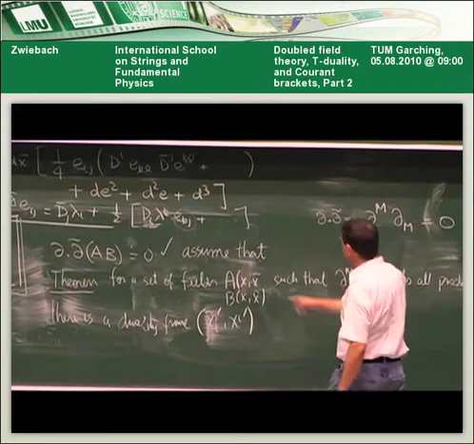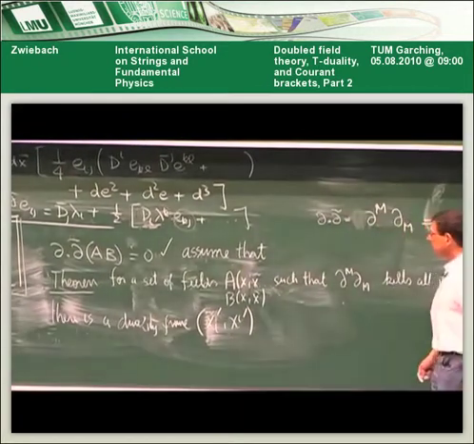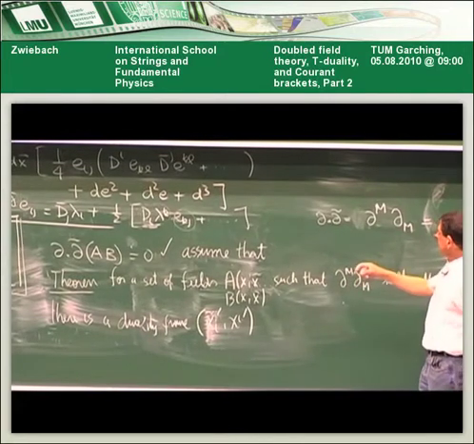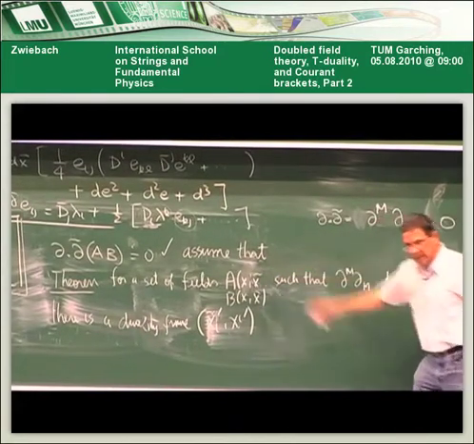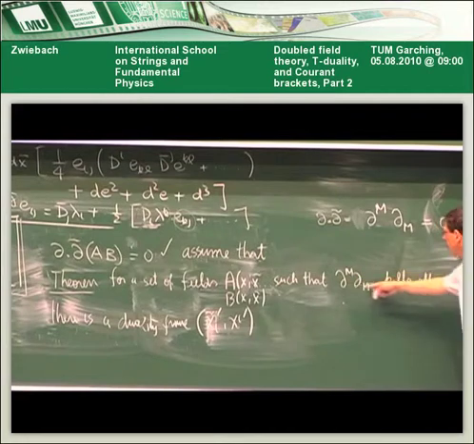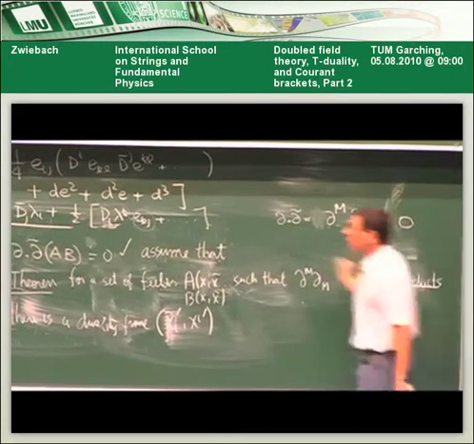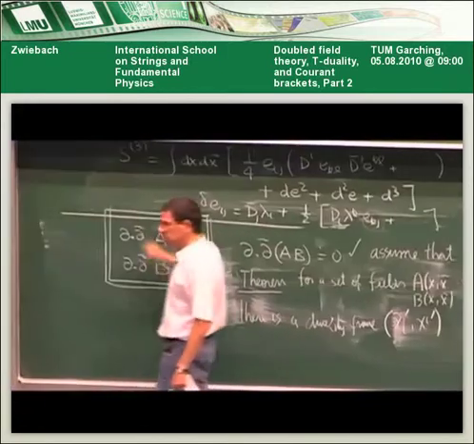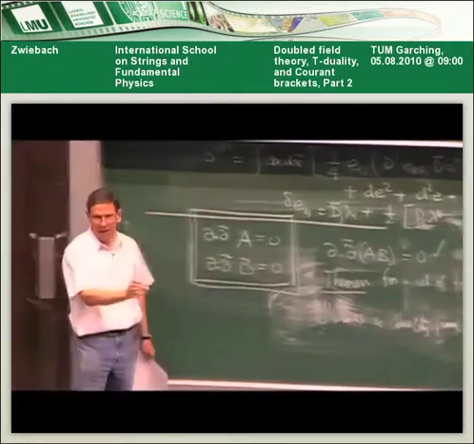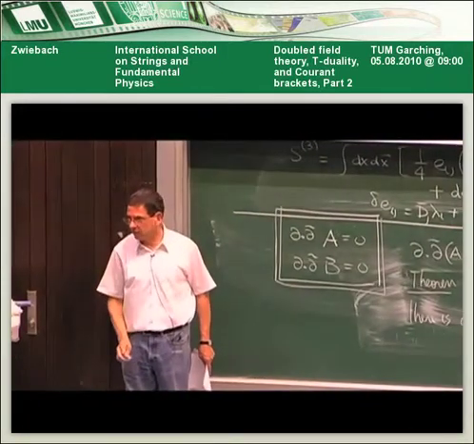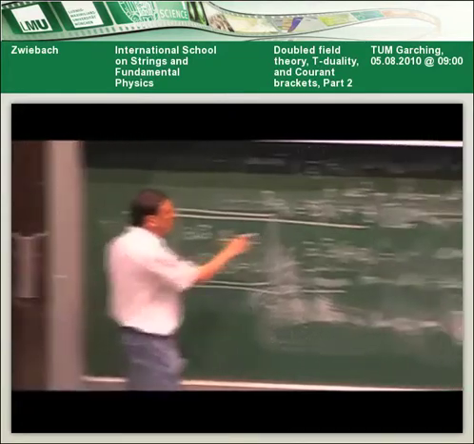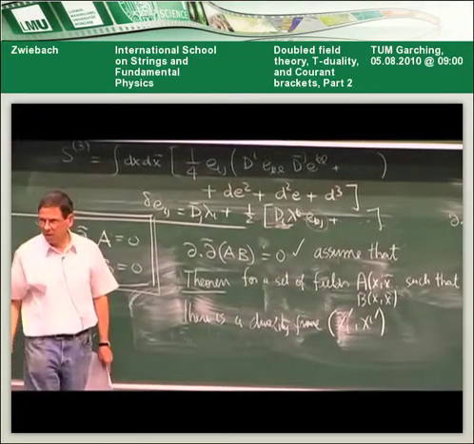So you had x and x tildes. What I'm saying is that if those fields satisfy this strong constraint that it kills all products, not just that it kills all fields, being killed is fine. That's what string theory tells you have to do anyway. But to kill all products is a lot stronger.